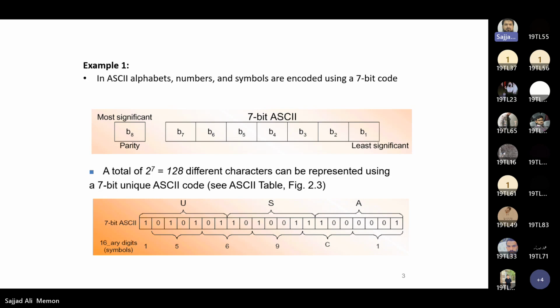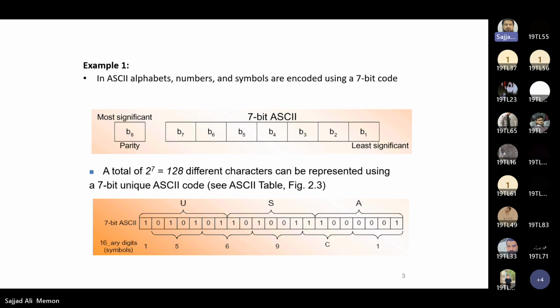So we can leave the first bit and we convert the rest of the bits into 16 array digits, into hexadecimal. So 0101, that you convert: 2 power 2 is 4, and 2 power 0 we have 1 here, so that will be equal to 5.